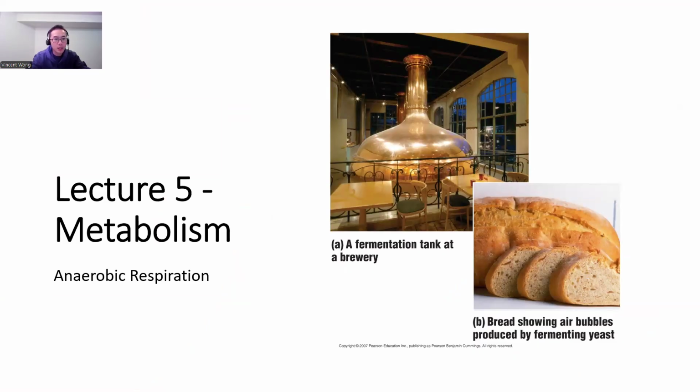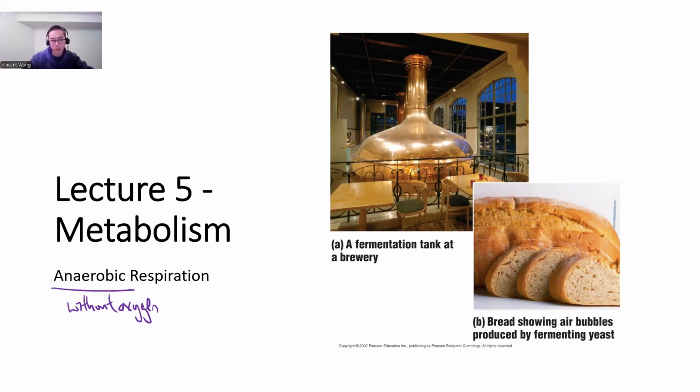Last, we are going to talk about anaerobic respiration. I'm just going to keep it simple here. The word anaerobic means without oxygen. There are different kinds of fermentation, depending on what organism we're looking at. Fermentation is useful for humans because alcoholic beverages are made through fermentation, like wines and beer.